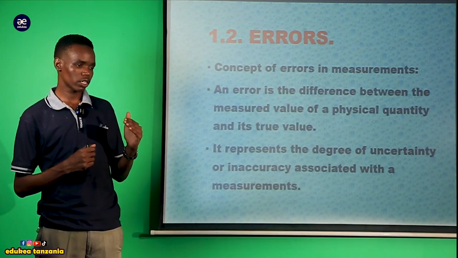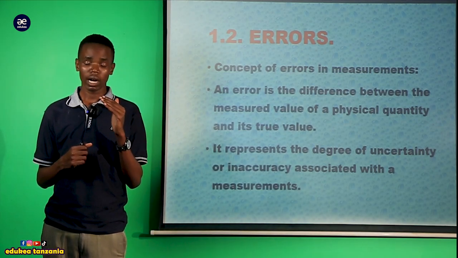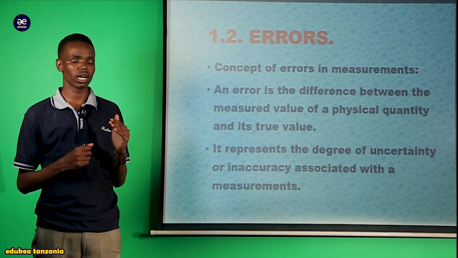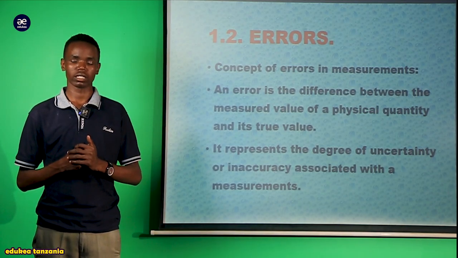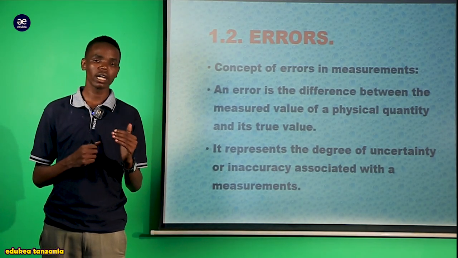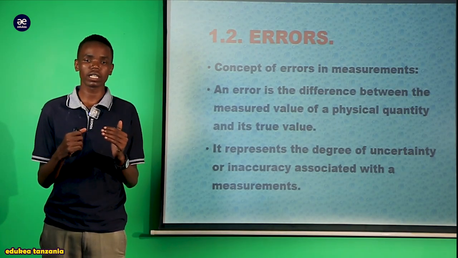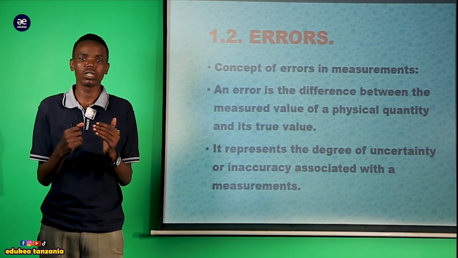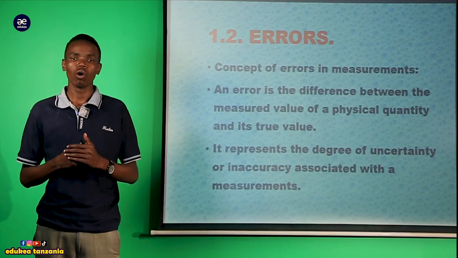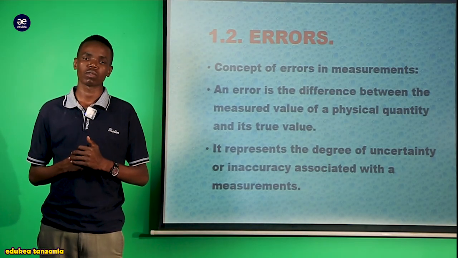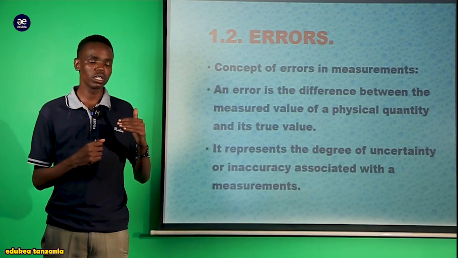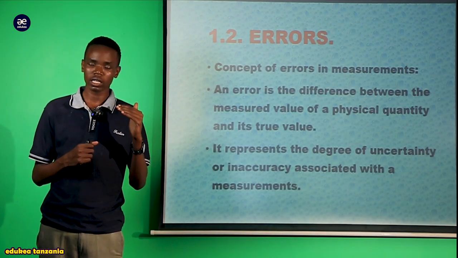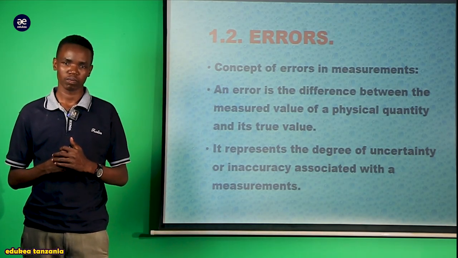If we take the true value and subtract the measured value, we obtain the value of the error. Now the error means the mistake that occurs during the experimentation or during the measurements. This makes a difference between the true value and the measured values.